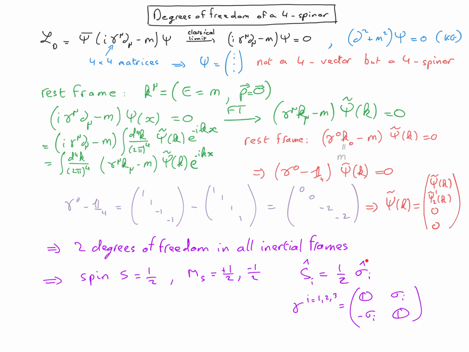But all these are only indications that a 4 spinor encodes only a spin 1/2 object. If I want to show properly that this is indeed the case, we will need to look at how a spin 1/2 transforms under Lorentz transformation, and then see that our 4 spinor indeed transforms that way.